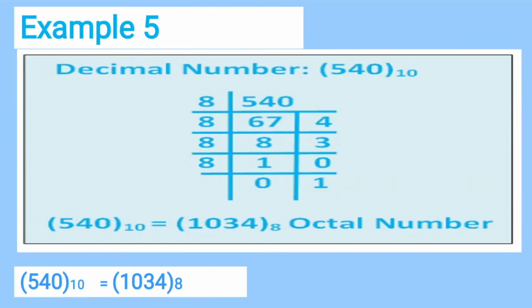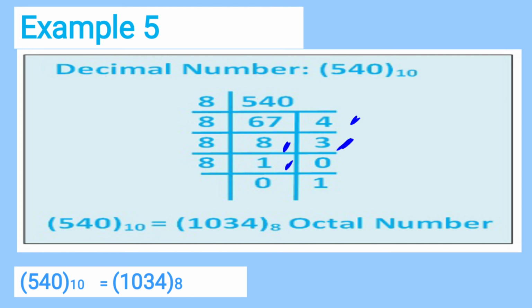These are the examples. One more is taken: 540 on dividing by 8. The first time it will give you 67, as 8 sixty-sevens are 536, and the remainder will be 4. Next, 8 eights are 64, remainder 3.